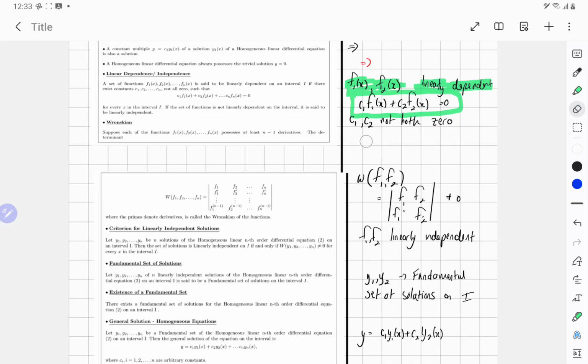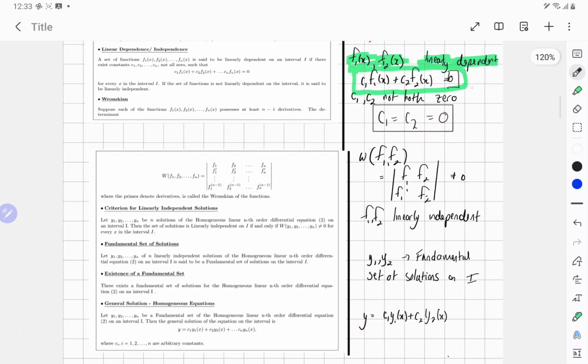But remember, that's only when we have it equal to 0. If both of them are 0, then both of my coefficients are 0, then my functions are linearly independent. But more on that later when we do an example.